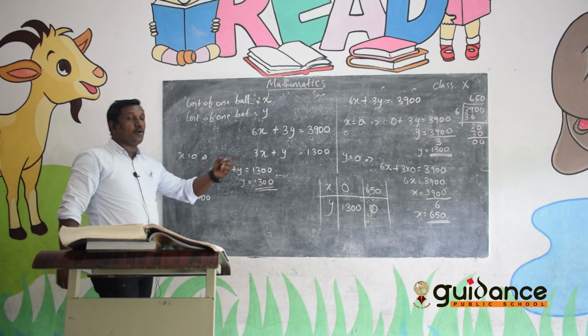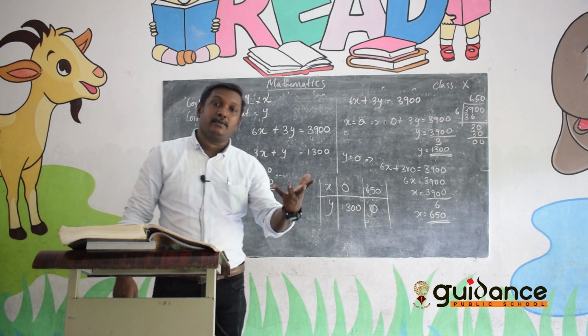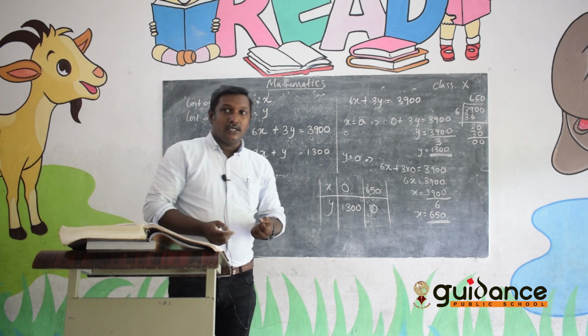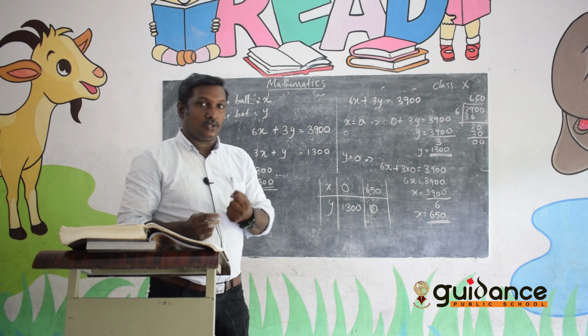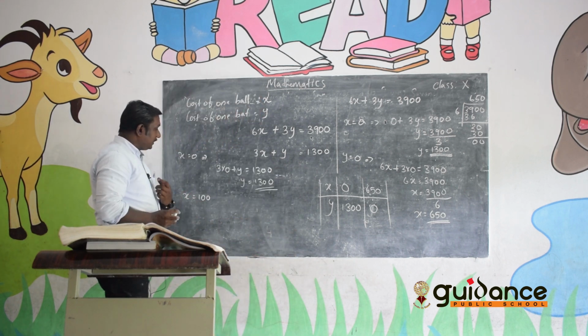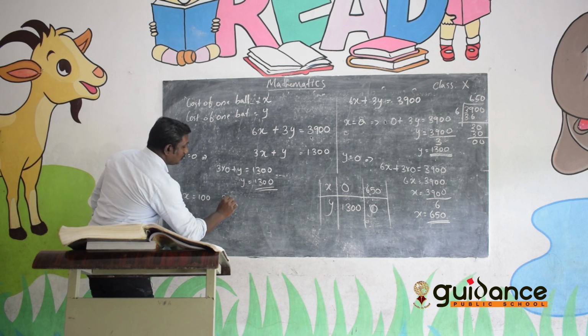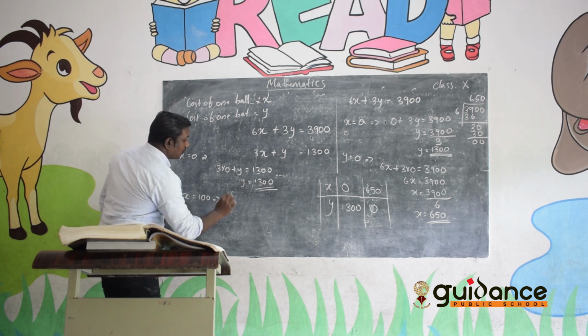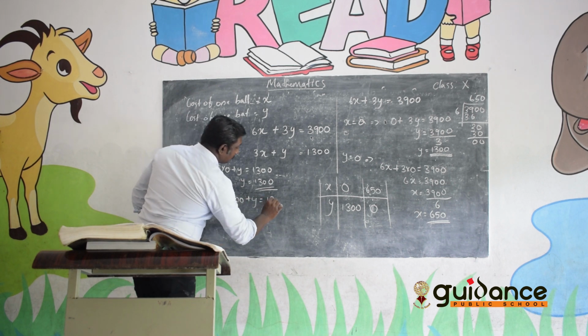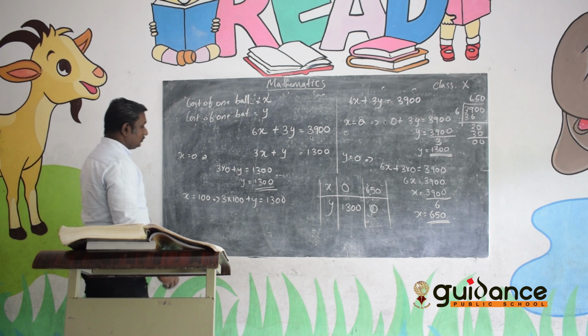As I told you, if more than 1000 is there, we can directly give more than 100, and not give less values in between. At the end we will get a point. So if zeros are there, we can give 100. Then x equal to 100, which implies 3 into 100 plus y equal to 1300.